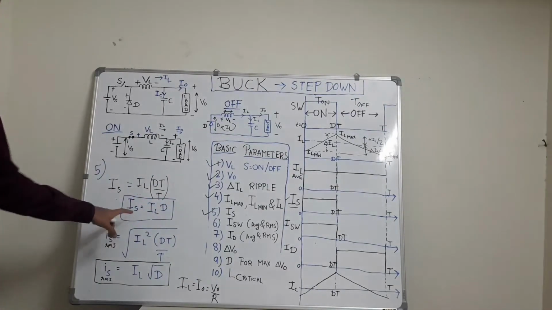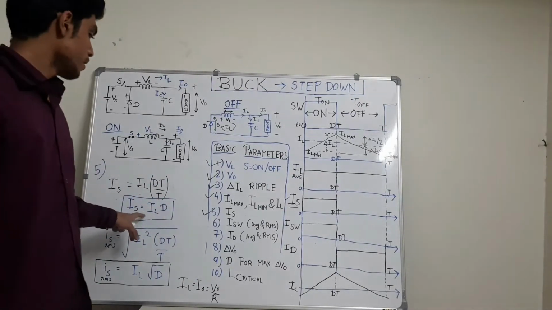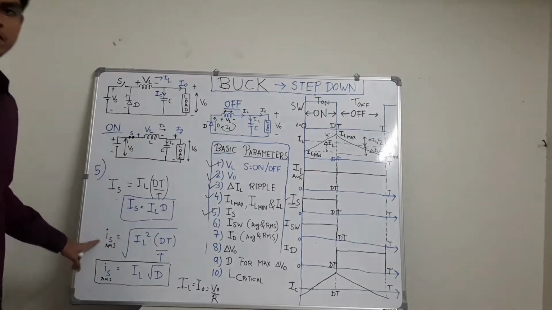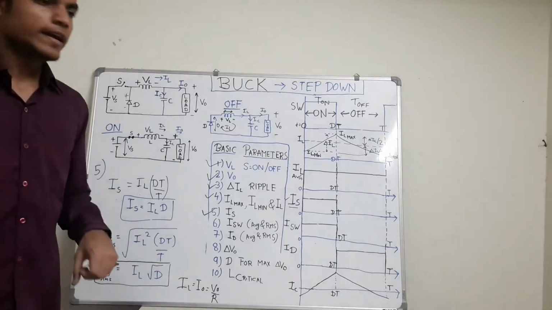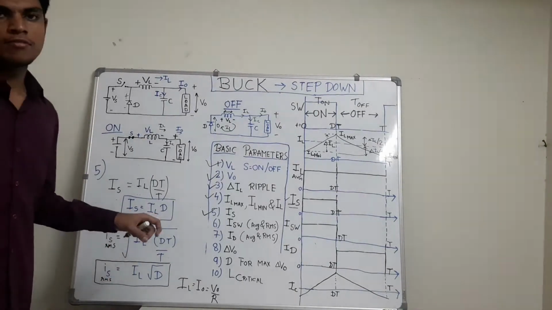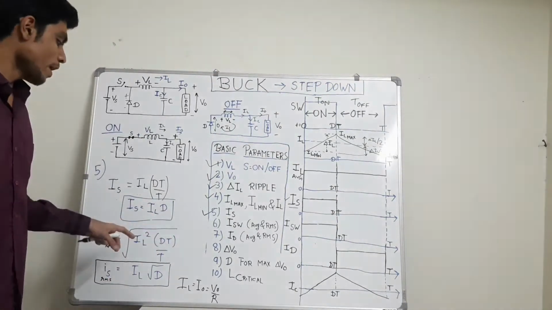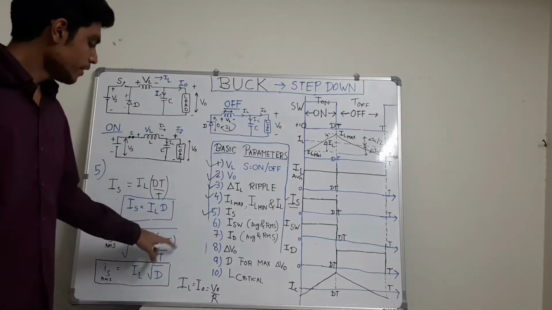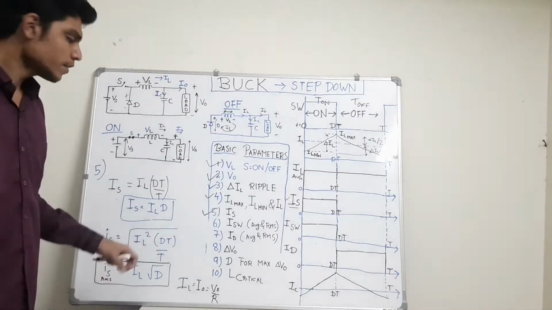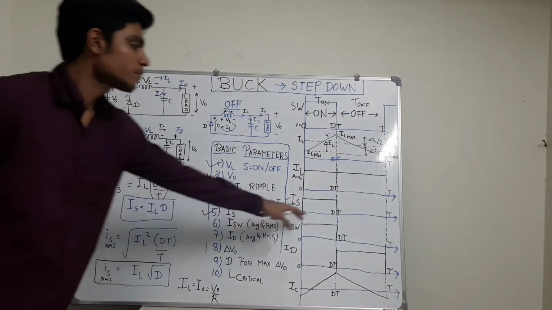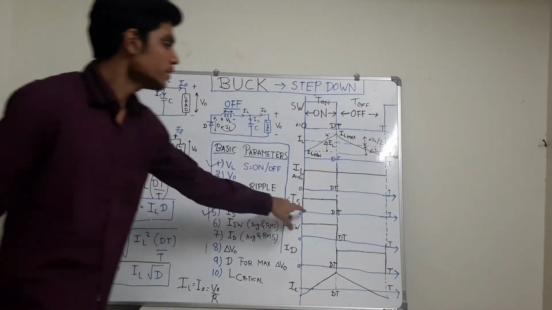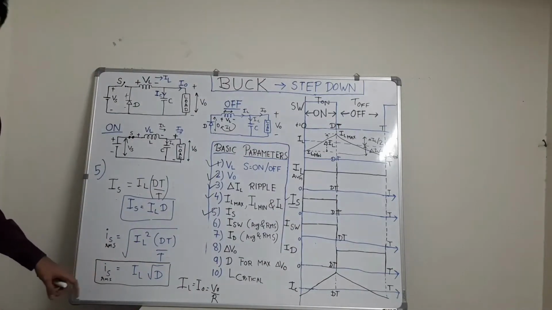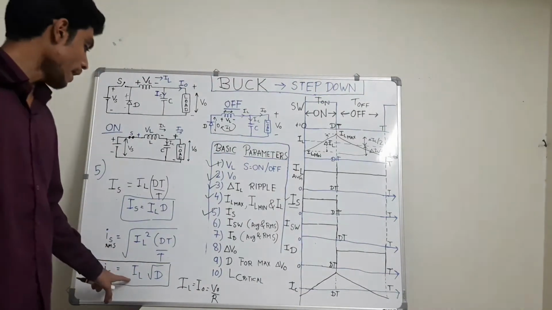Hence the average source current will be IL into D. The RMS value of the source current is the root of the mean of the square. So IL square into the time for which it is flowing, that is dT, over the total time T. Solving this, the source current RMS value will be IL into root D.